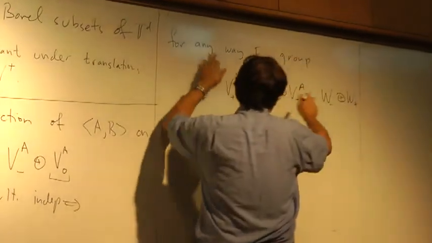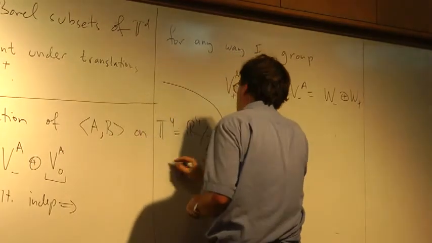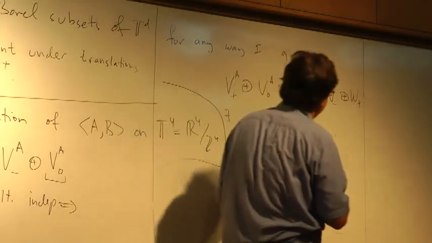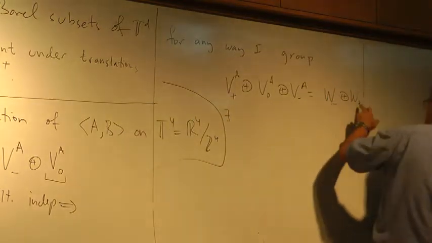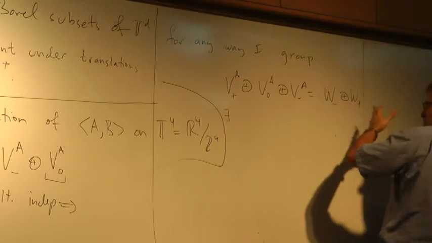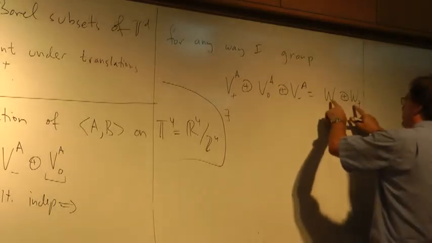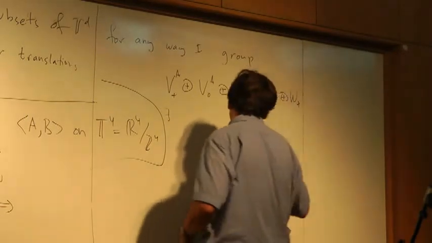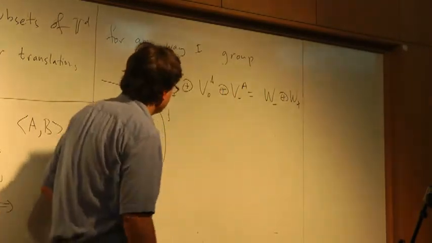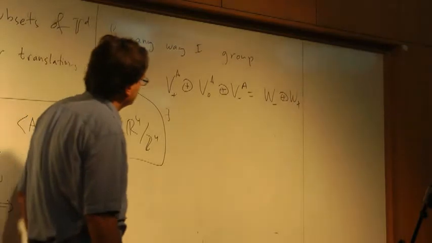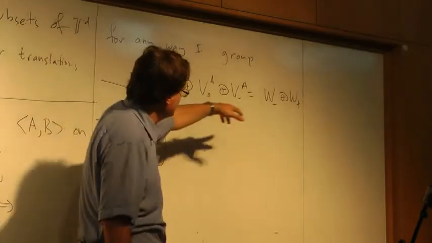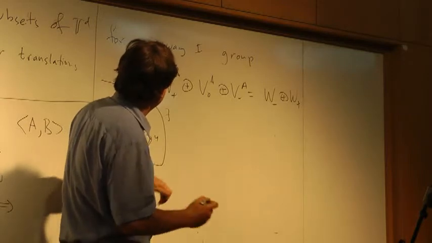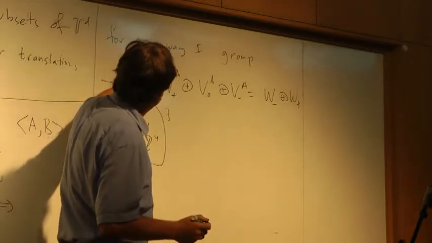So any way I do it, none of this can be empty. So there are not so many choices, right? Each one of them should be at least one-dimensional. So it's basically 3 choose 2, so there are 6 possibilities for this grouping.